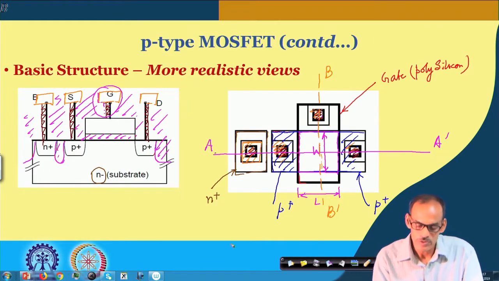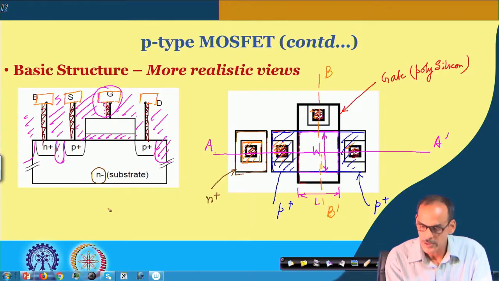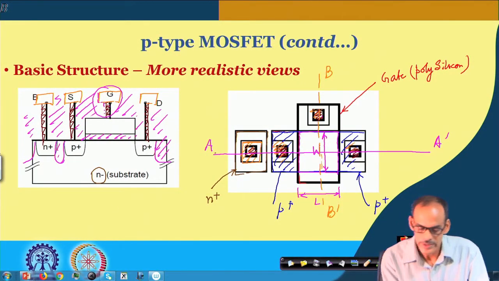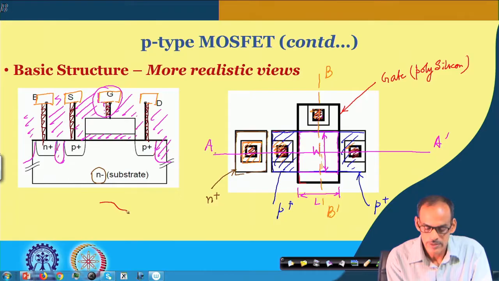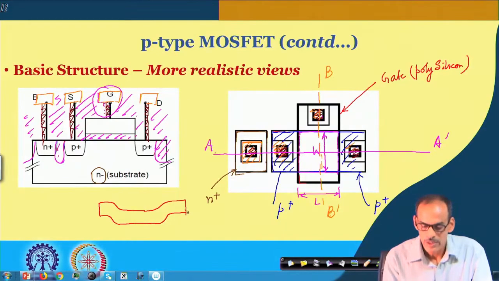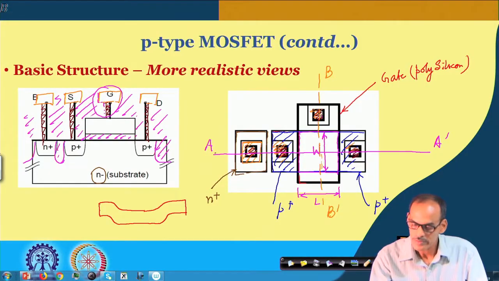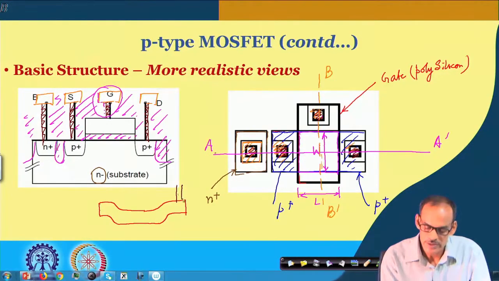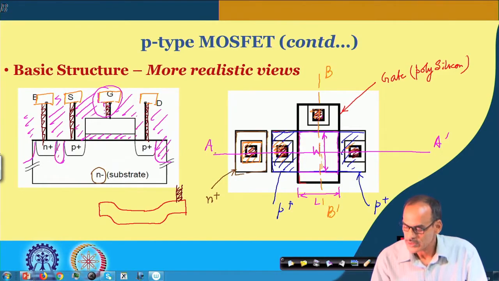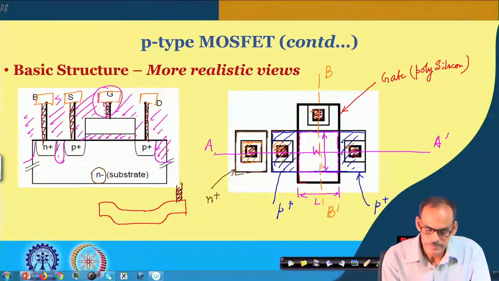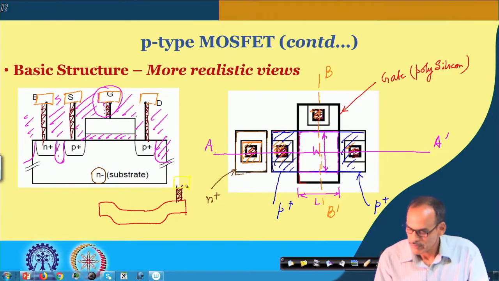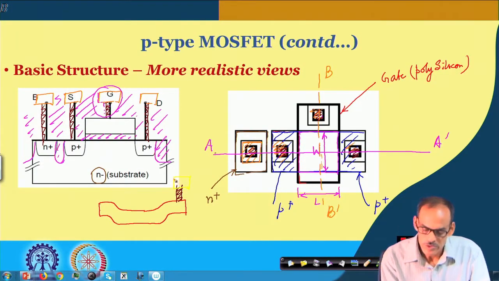okay, along the W, and you will be seeing that the gate has a texture like this, going up and down. So, this is the gate portion, gate electrode, and then you do have the contacts here, you do have this contact. So, that contact is here, and then it is having the metal connection, I should use a different color.